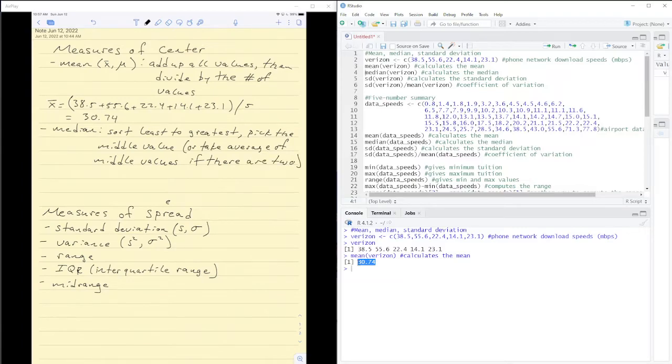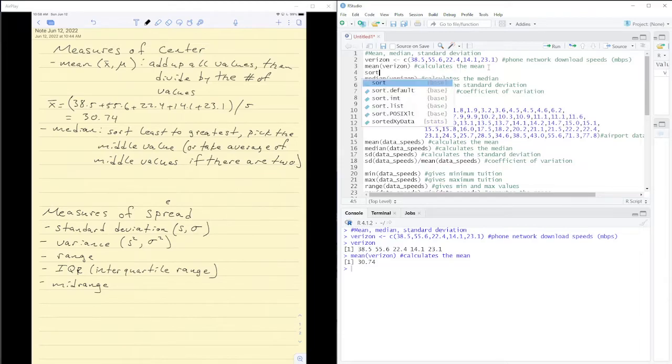So if your list of data has an odd number of observations, you'll always have one that's in the middle. If there's an even number, then when you sort least to greatest, there's going to be a tie. So let's see what these numbers are if you sorted them least to greatest.